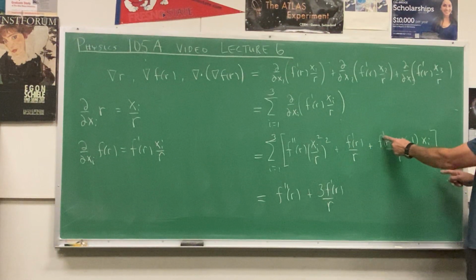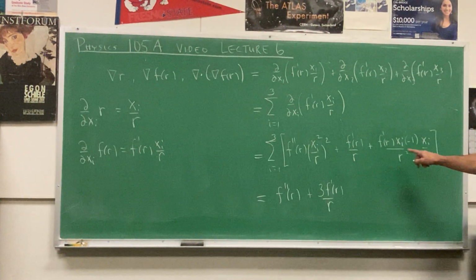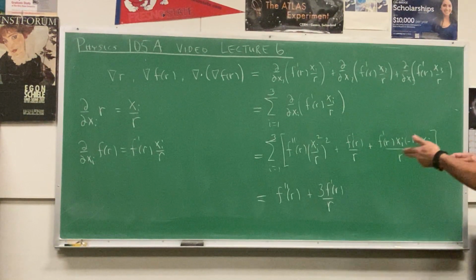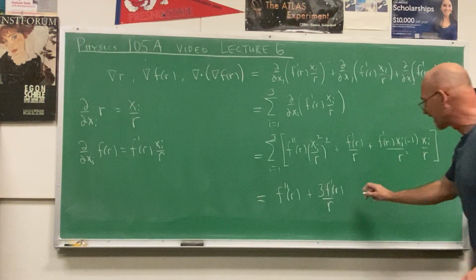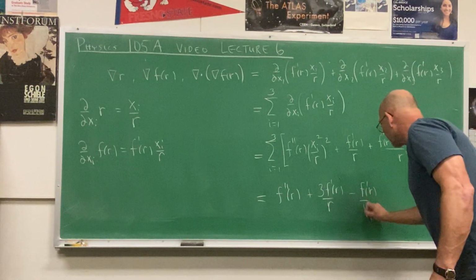So we can pull out f prime of r over r cubed from right here, and then we would be summing minus xi squared from 1 to 3, so that would give us a minus r squared over that r cubed. So we're going to end up with minus f prime of r over r.